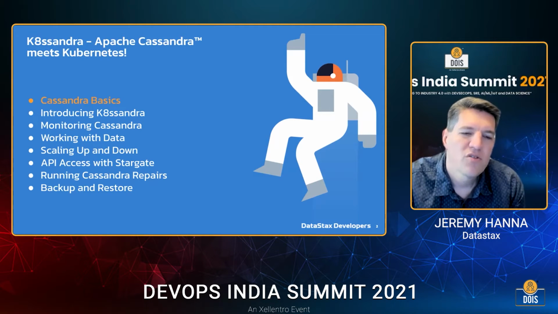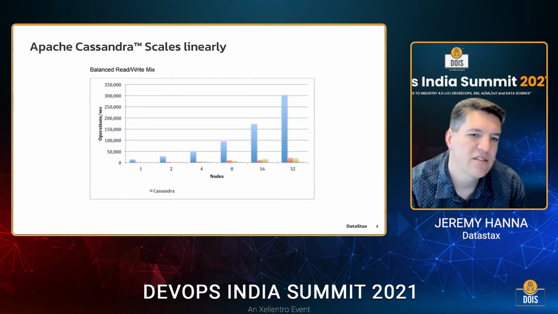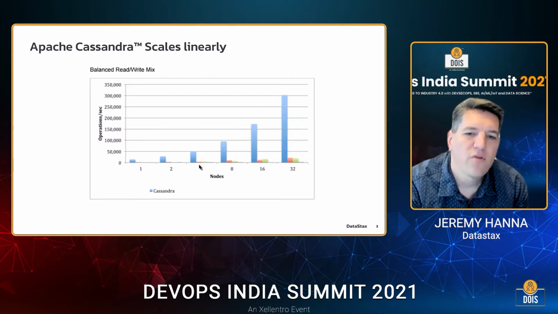So just starting off with the basics of Cassandra. Cassandra was made for a world that needs to scale linearly. When we say that, it's when you have 8 nodes, you have a certain throughput, and it doesn't really matter because the profile of the hardware changes over time.